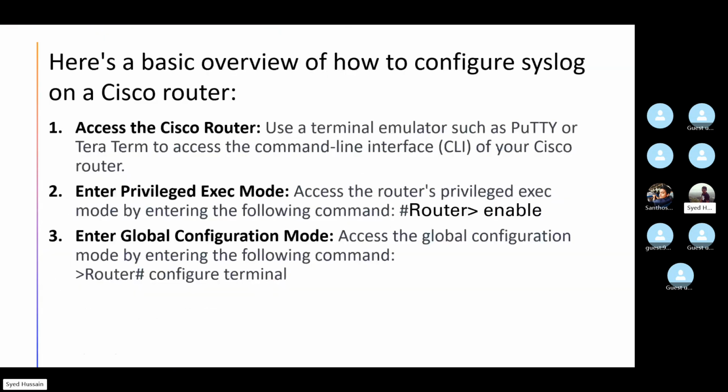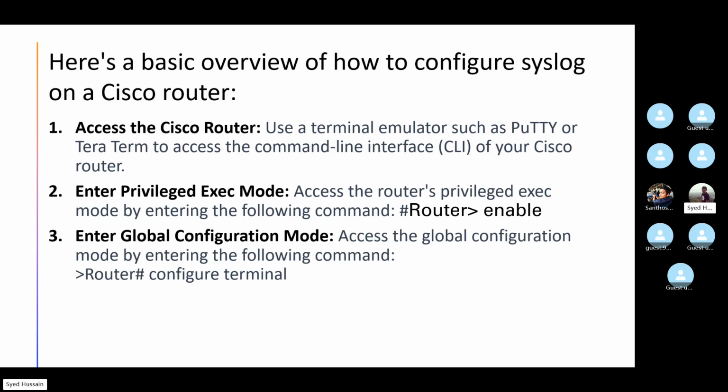So next, here is a basic overview of how to configure syslog on a Cisco router. First, access the Cisco router. How do we access it? Use a terminal emulator. What is a terminal emulator?